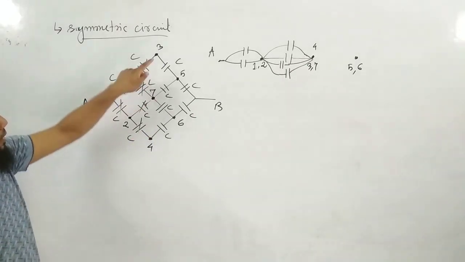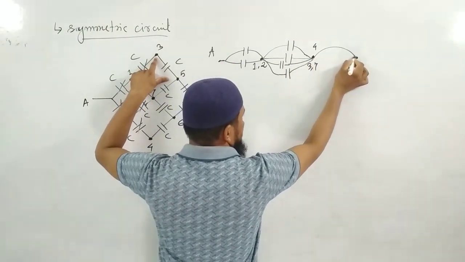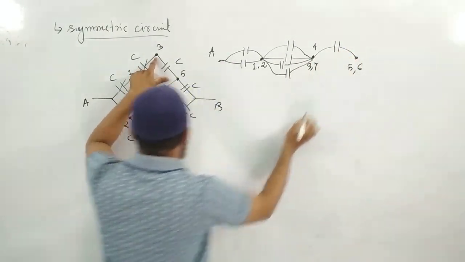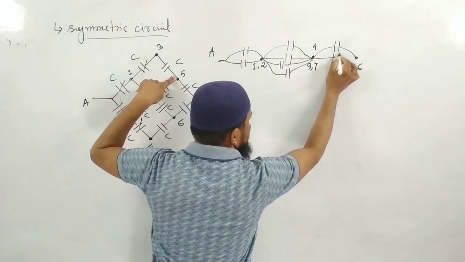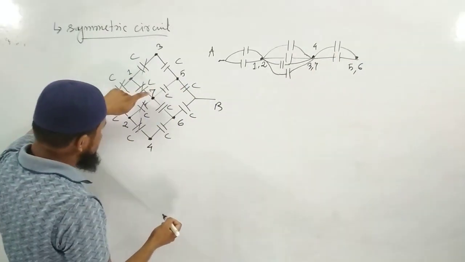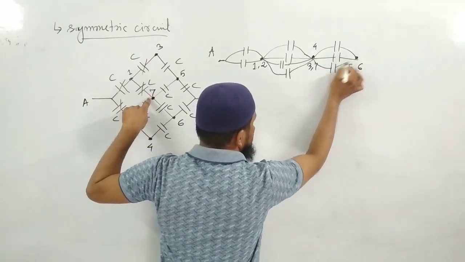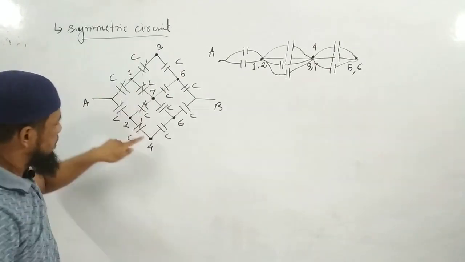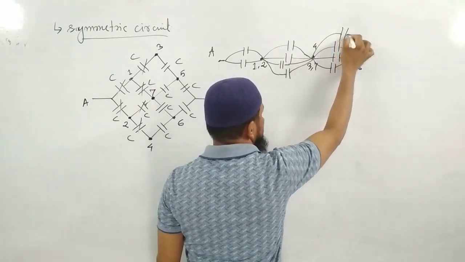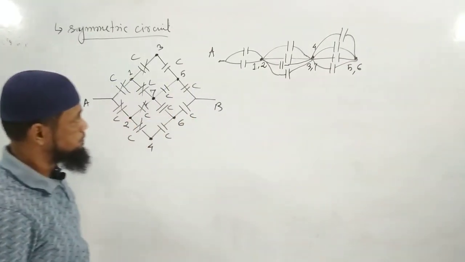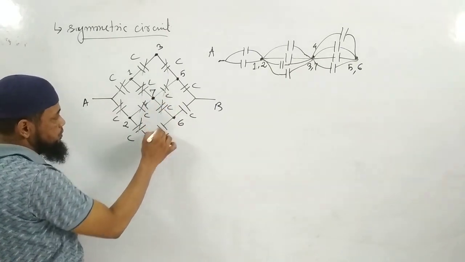Then 3 to 5. 3 is here, 5 is there. 3 to 5, one capacitor. 7 to 5, 7 is here, 5 is there, another capacitor. 7 to 6, another capacitor. 4 to 6, 4 is here, 6 is there, another capacitor. Okay. So we have considered these 4 capacitors also.